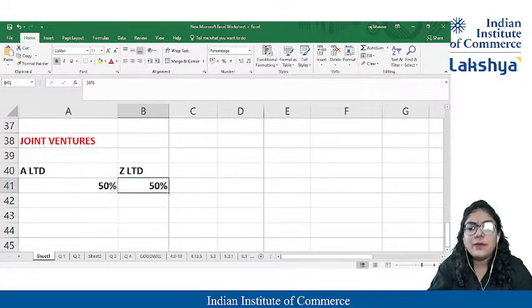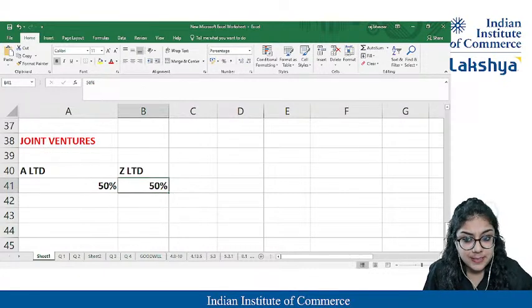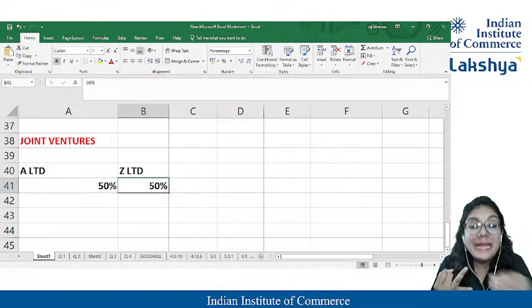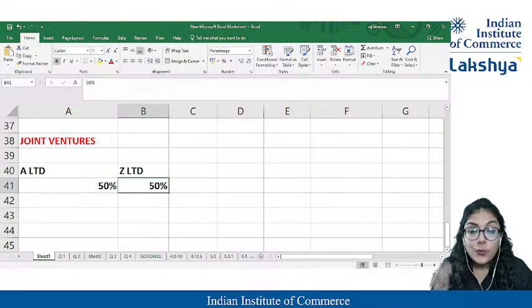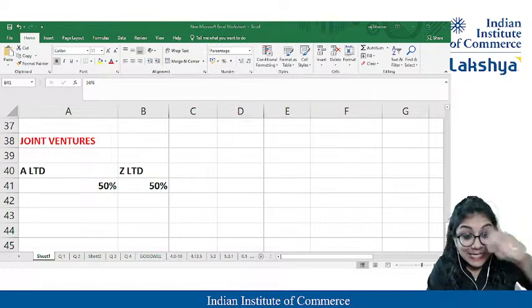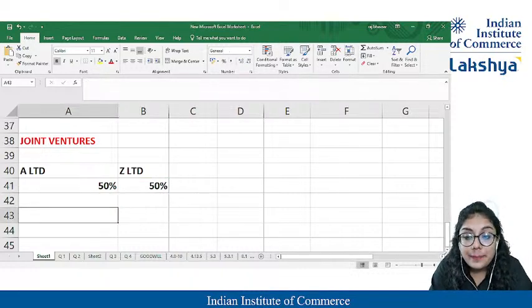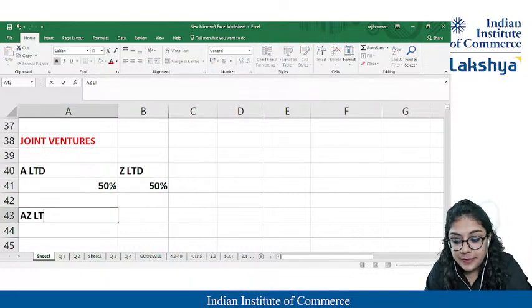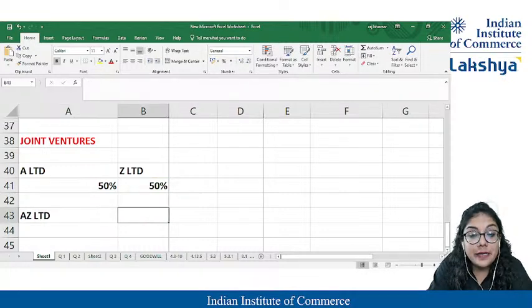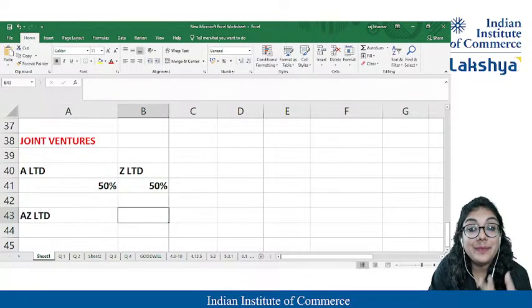So we both have a control of 50%. And then A and Z entered into a transaction, and in legal form, we created a company. We created AZ Limited. What is this AZ Limited? It is understood as a separate vehicle.